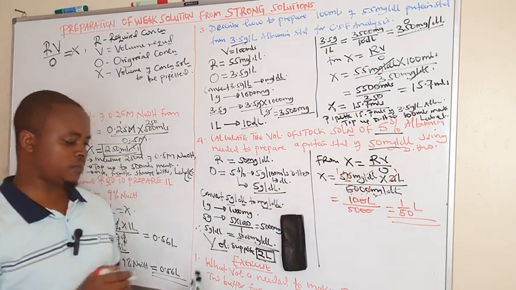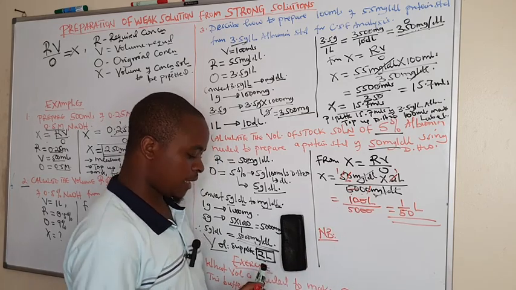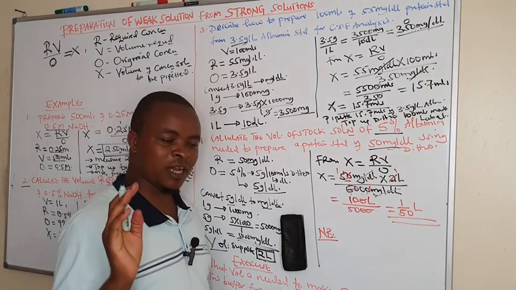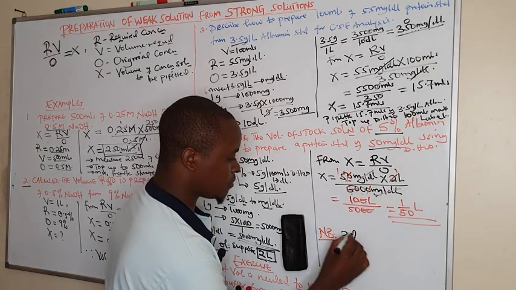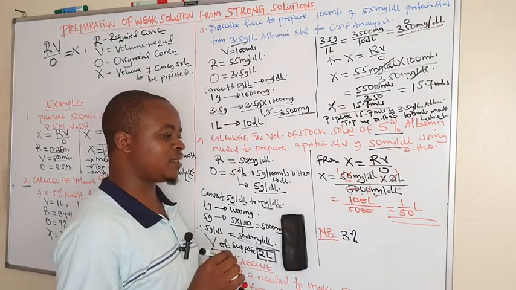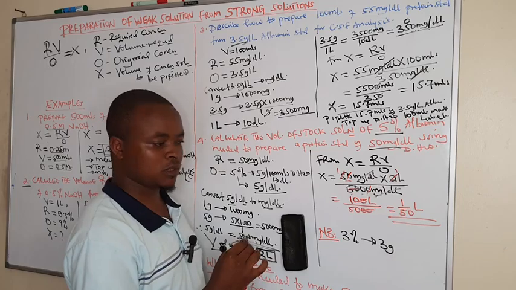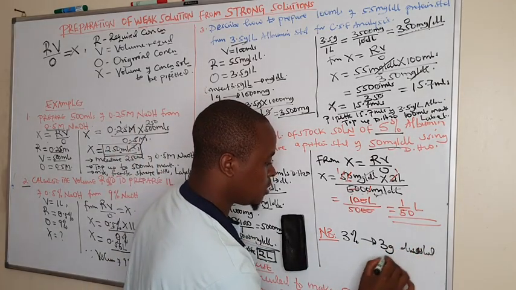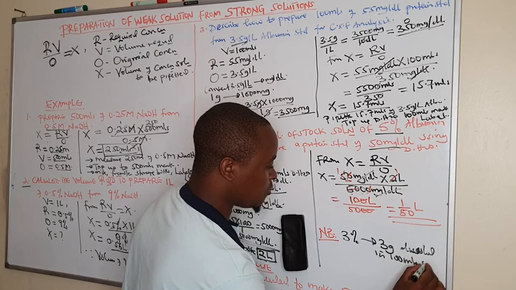Please note, NB, that suppose you are given a number in percentage. For example, they tell you 3%. 3% means you are getting 3 grams of the solute dissolved in 100 mils of the solvent.